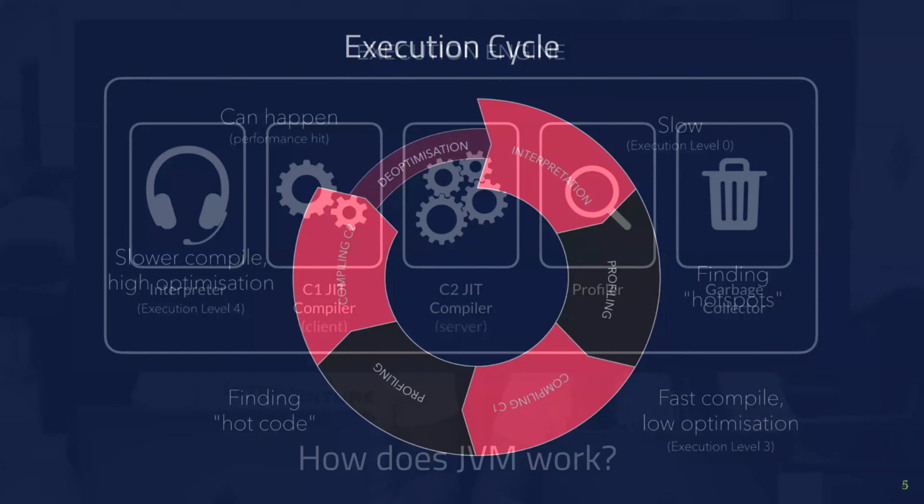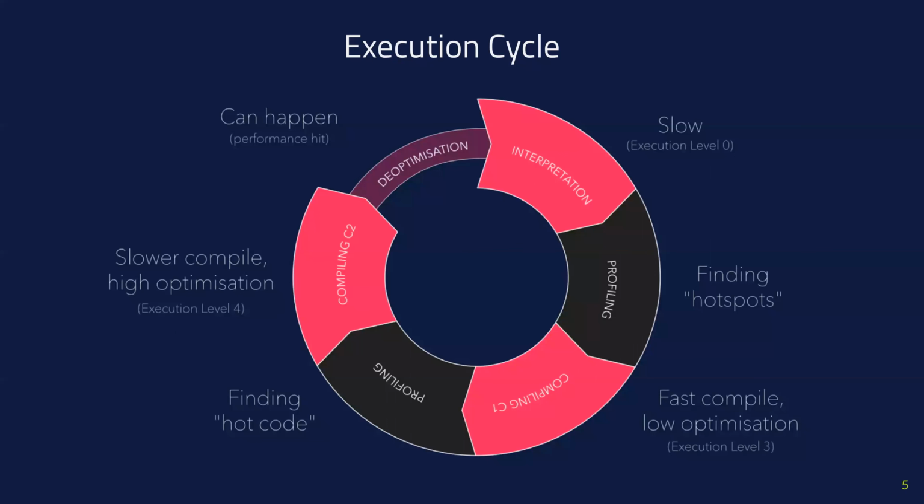So here's how the execution cycle looks. I will recall what I've said previously, that the great thing about the JVM, the Java Virtual Machine, is the fact that it can adapt the performance of the Java application running inside according to the way it is used. But it also has to identify these parts first and then compile them into faster code.